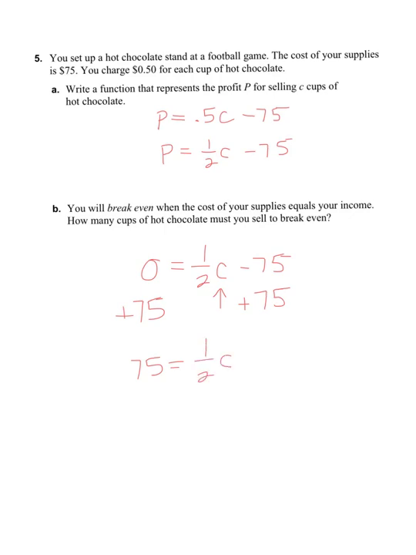How do we get rid of this coefficient when it's a half? We're going to multiply by the reciprocal. So what's the reciprocal of 1/2? Well, it's 2. And we're going to multiply both sides by 2.